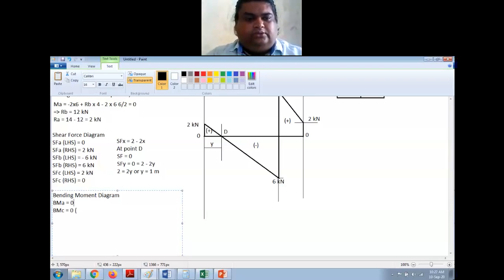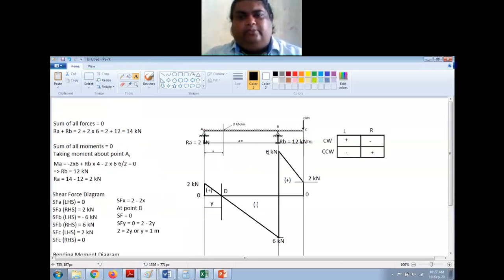So this is 0. Reason is it is a support, rather an end support, right? And this is a free end, right? End support means the end of the beam where I have the support. So the bending moment is 0 there unless you have a couple there.